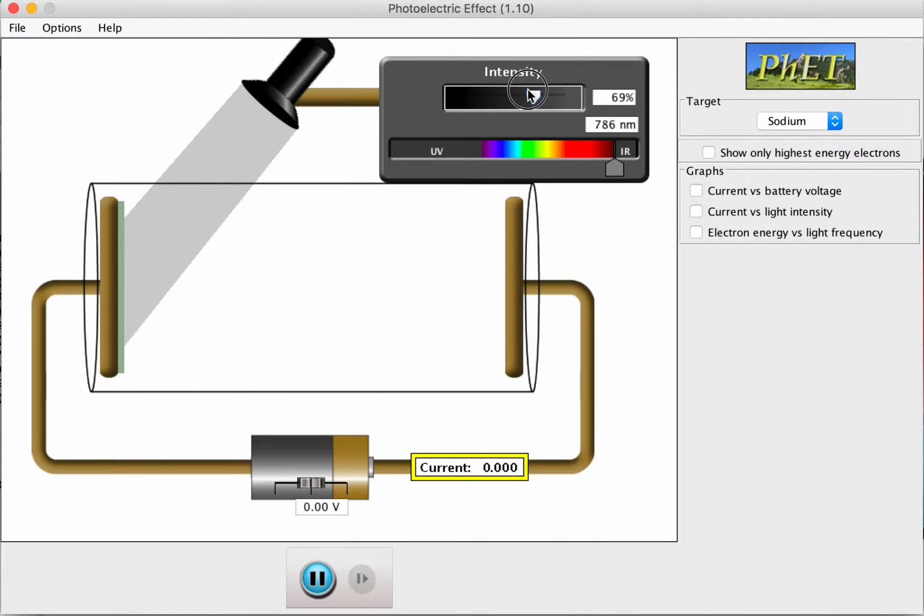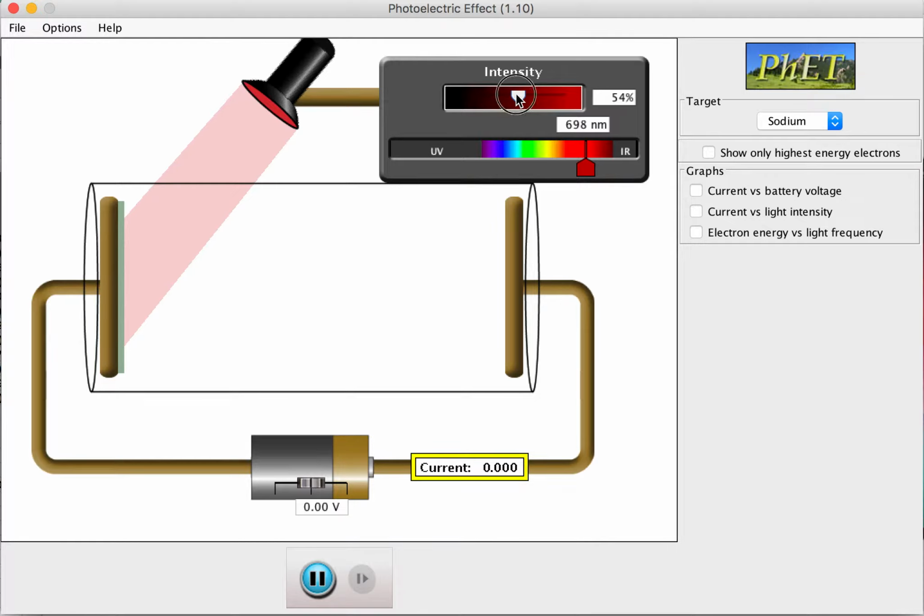What they expected was that, even at these low energy wavelengths, or these low frequencies, a long wavelength means low energy.